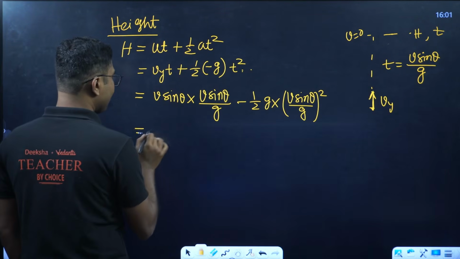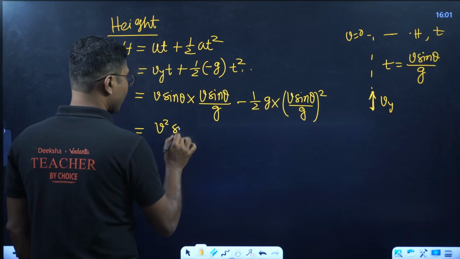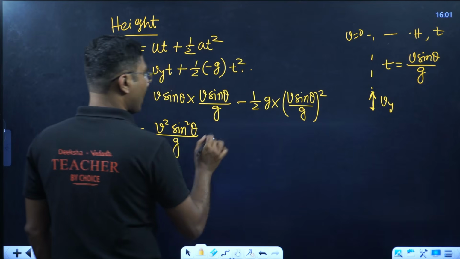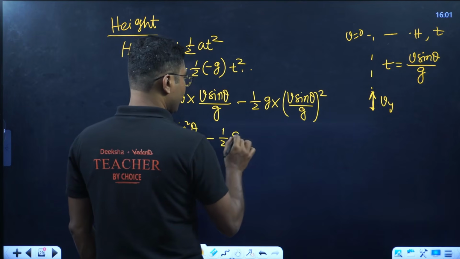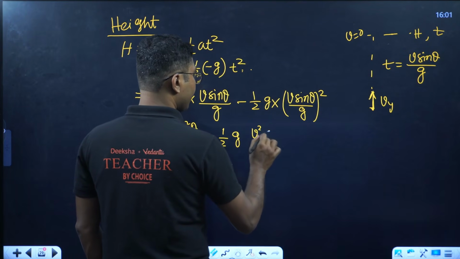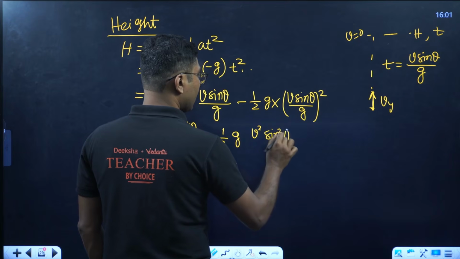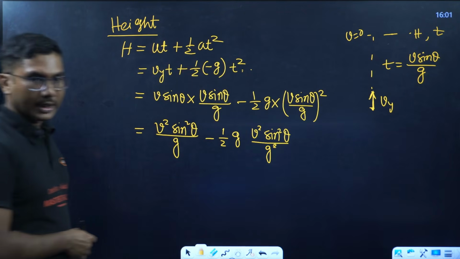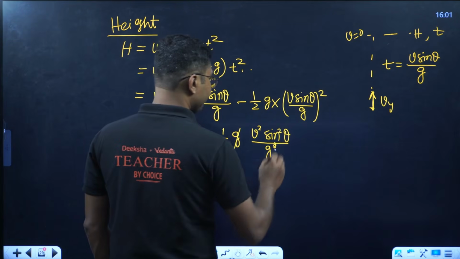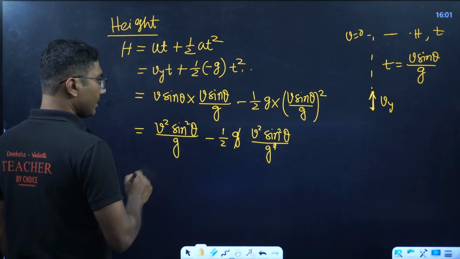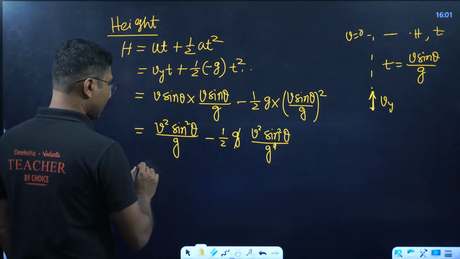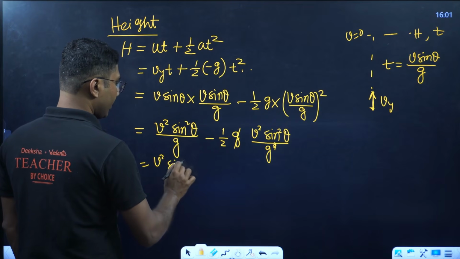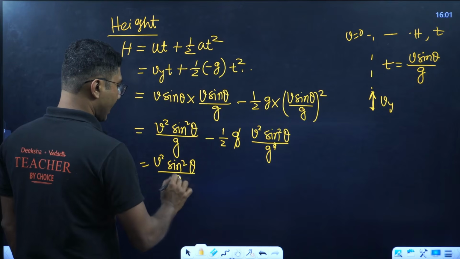Now basically it will be easy to calculate: v square sine square theta upon g minus half g into v square sine square theta upon g square. Now you need to cancel this g, and you get v square sine square theta by g as common.